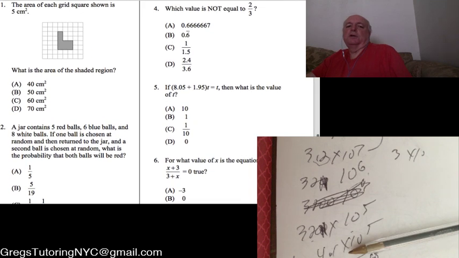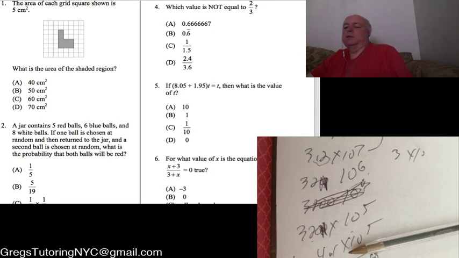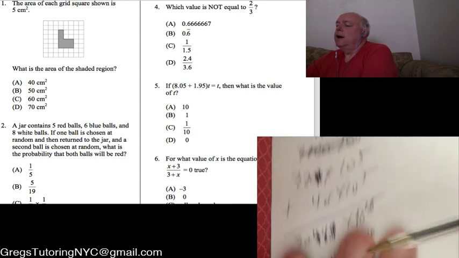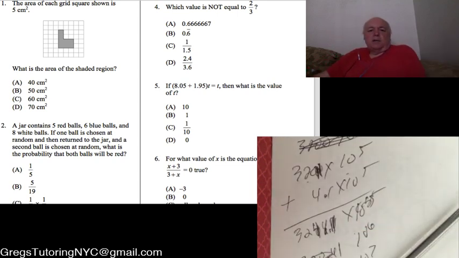Okay, 4 is a good one as well. So this is one you can kind of do in your head, although I generally tell you guys to refrain from doing that kind of stuff. So which value is not equal to 2/3?